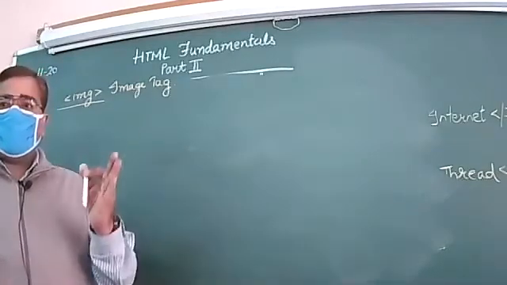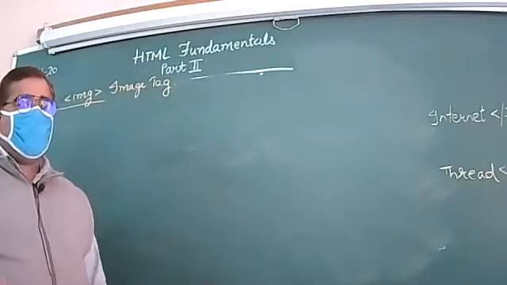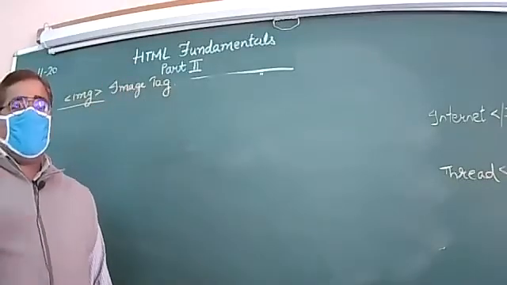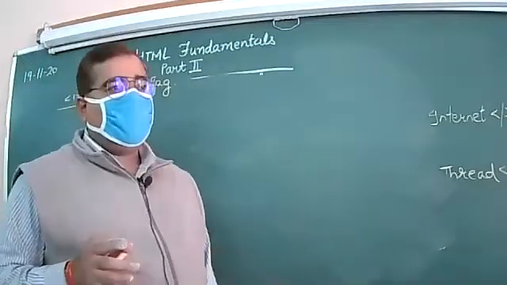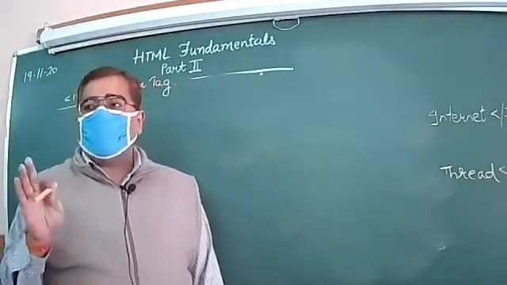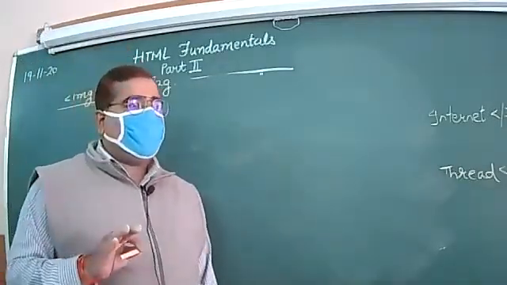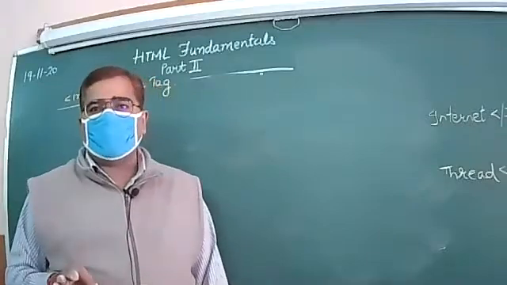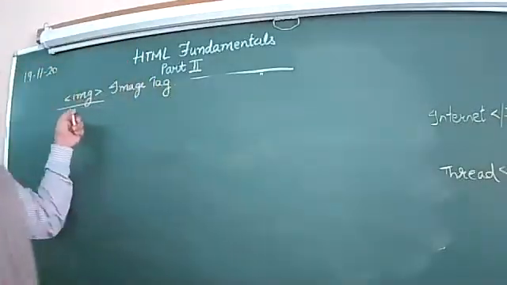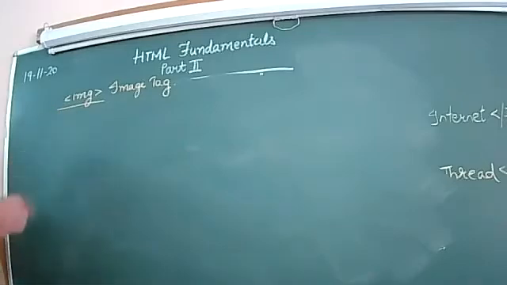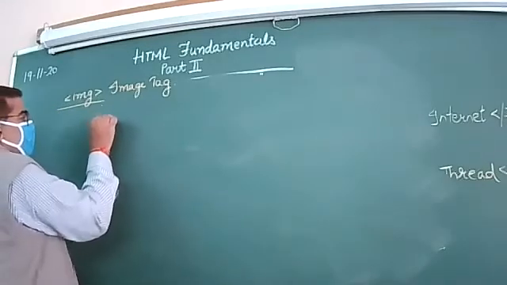When you want to insert image in the background of the web page as a wallpaper, then you take into consideration background attribute of body tag. But when you want to display image in the web page as a part of web page, as object in the web page, then we will take into consideration img tag. Right? img.